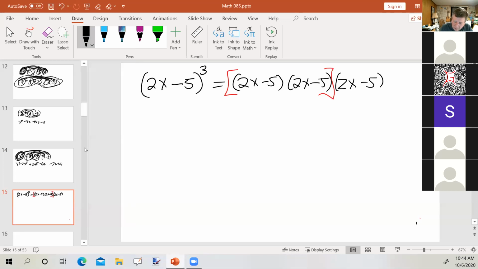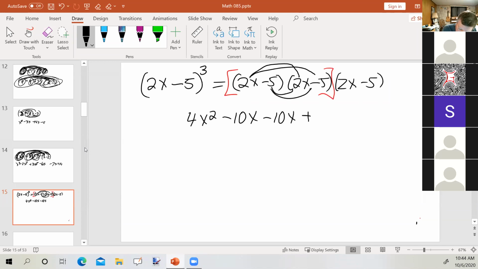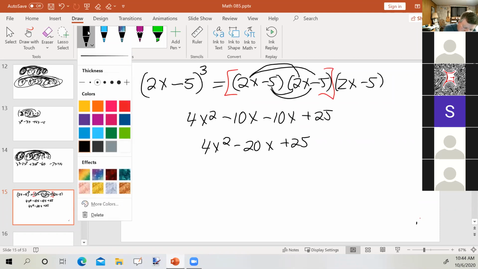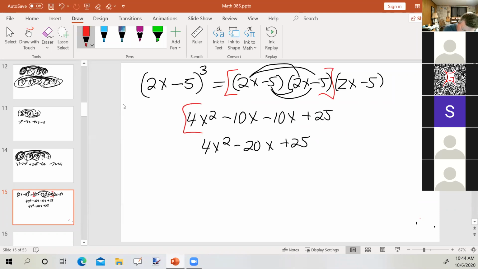So I'm going to FOIL. I'm going to multiply the 2 binomials together. 4x squared minus 10x minus 10x plus 25, which further simplified becomes 4x squared minus 20x plus 25. So we got from there to there, and then ultimately to there.